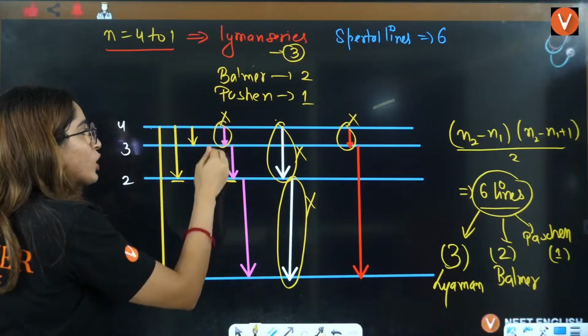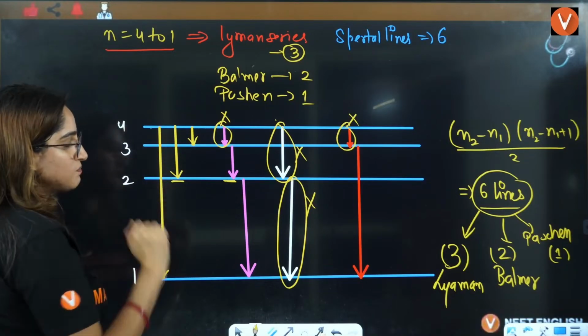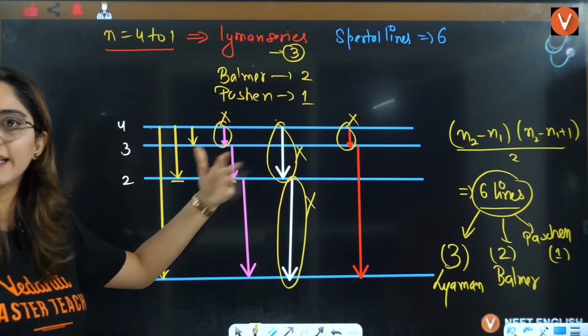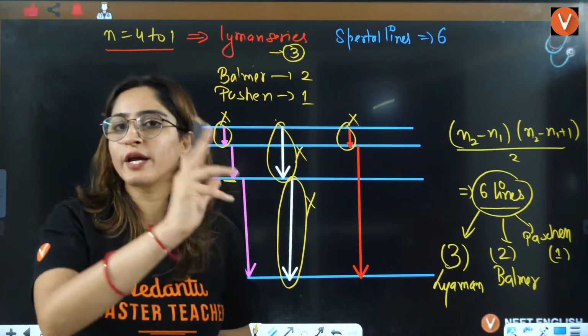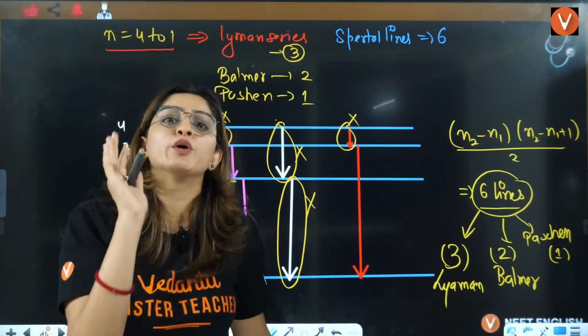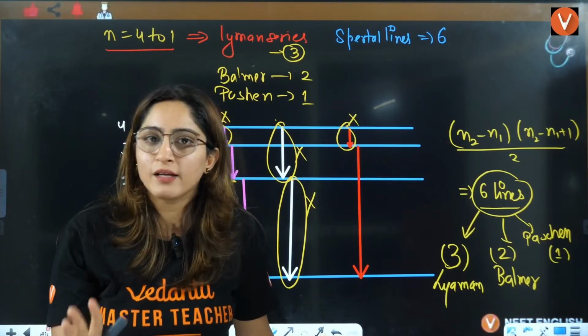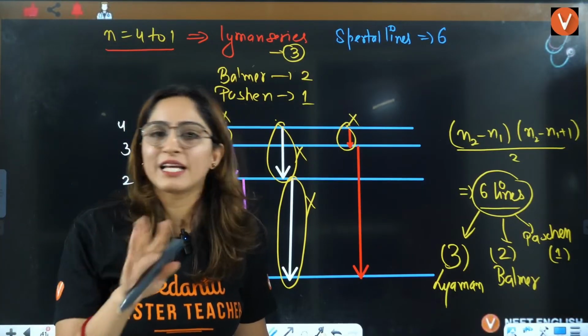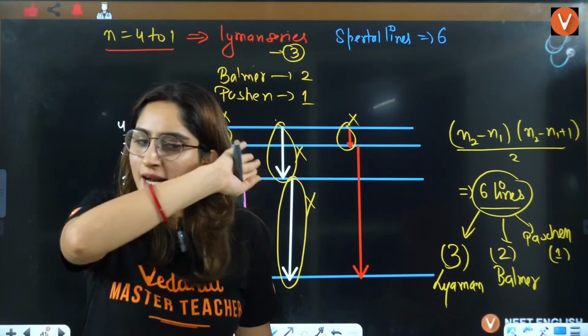So for 4 to 1, we have one kind of line. So either you draw this full thing and then you answer. Those students who are able to understand this, that's good for you. Your concept clarity will be there. But if you're not able to understand that, it's okay.